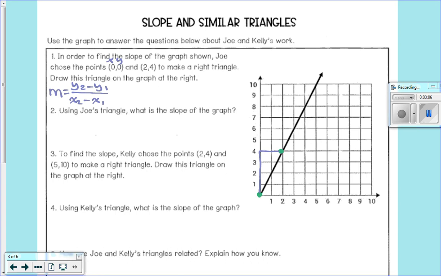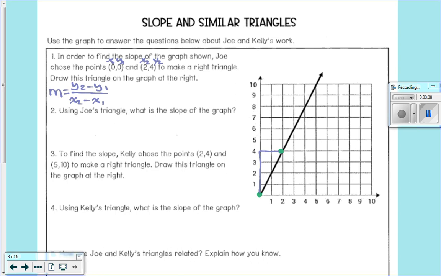So there's always an x value and a y value. And so this is our first set of points. So this is our first x and our first y. That's all that means. Are we good so far? And then we have our second set of points, (2, 4). So this is our second x and our second y value. Are we good? Okay, so instead of doing rise over run, you have this option right here to use this formula to determine slope of a line.